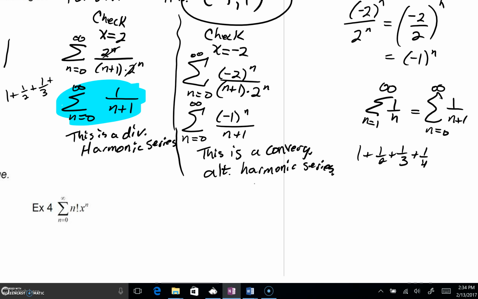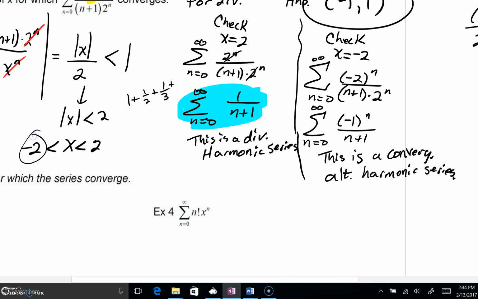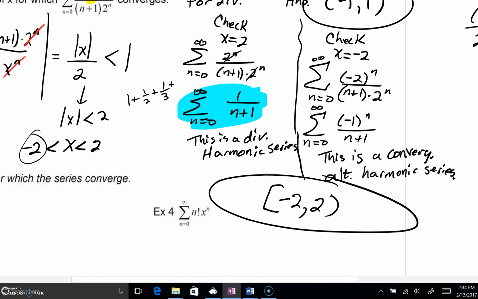We may, as a statement of fact, say that it converges. So at the end of the day, as we look at this, you can say, well, wow, -2, that worked. +2 did not. So this is your interval of convergence. We always put square brackets around a number that we may equal, open parentheses for one that we cannot equal.